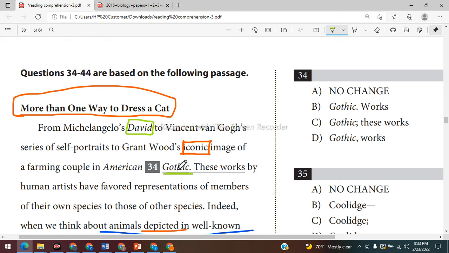How could we stop there? We haven't said anything. We just said from Michelangelo's painting to the next person's painting to the next. So certainly we can't end with a period. What are we going to end with?